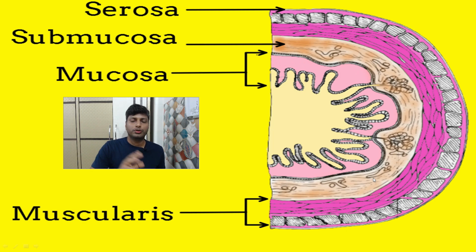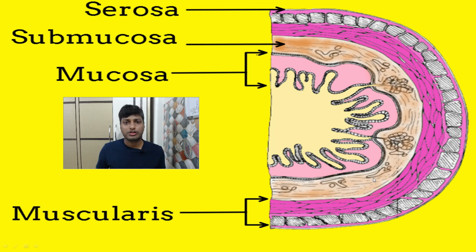Okay, so remember that. Now going to the third layer, below muscularis, there's another layer known as submucosa. The submucosal layer, dear students, helps in the secretion of mucus, which protects the stomach from the harsh effect of HCl, which is also released inside the stomach and helps in digestion.